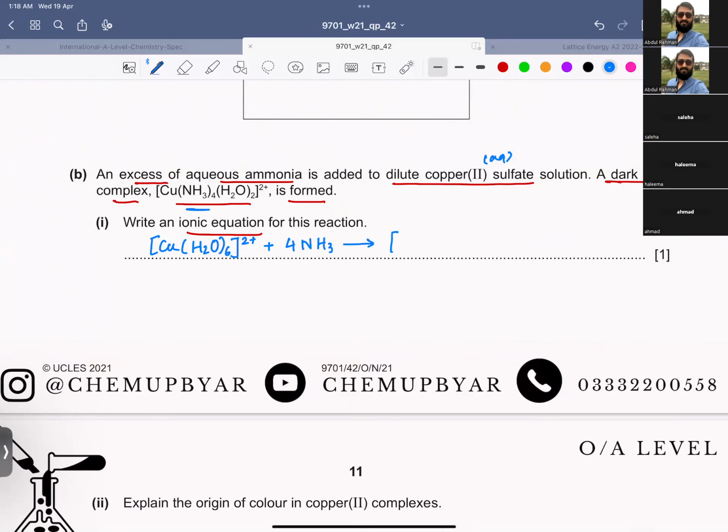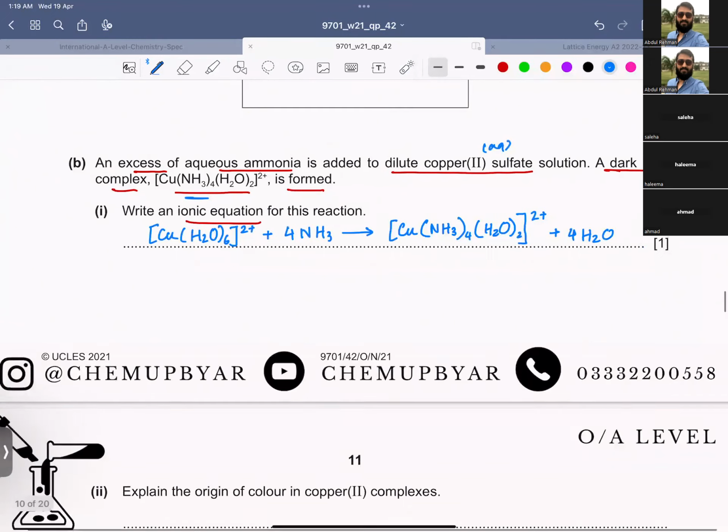Then in the product, I would write the formula provided in the question, having 4 ammonia molecules and 2 water molecules with a 2 positive charge, and 4 water molecules over here. Is this clear to everyone? Yes, sir.